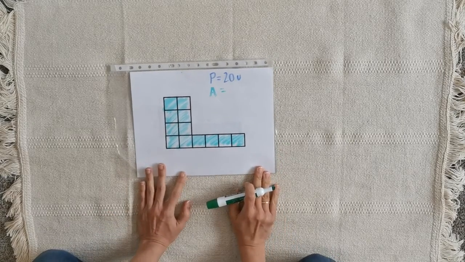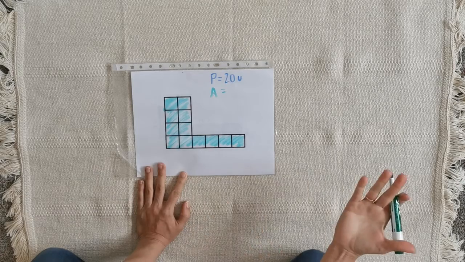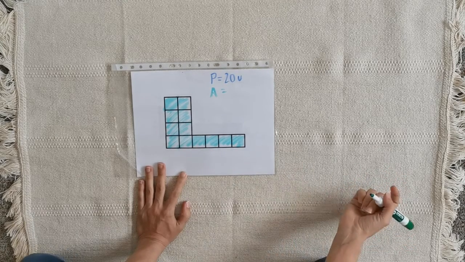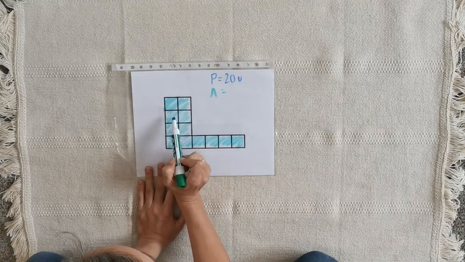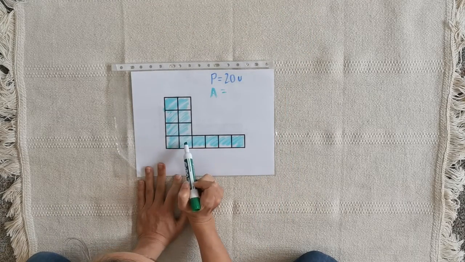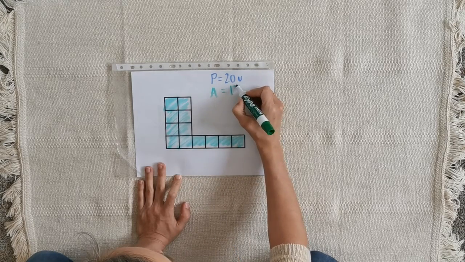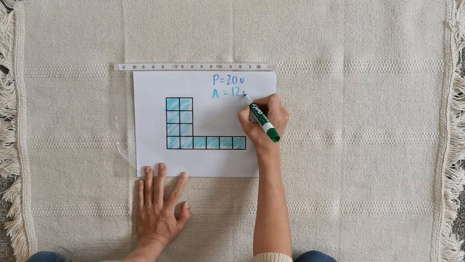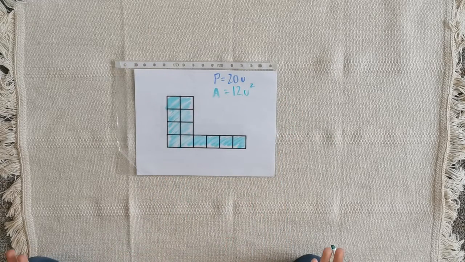If you have squares like this, a great strategy is to count the squares, how many square units you have. 1, 2, 3, 4, 5, 6, 7, 8, 9, 10, 11, 12. Look carefully: the units are squares. Okay? So no problem.